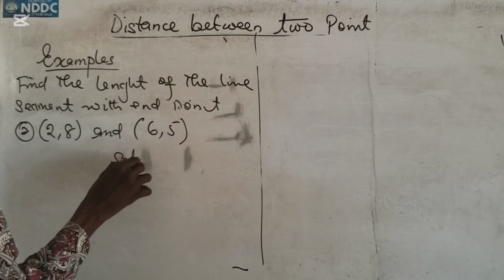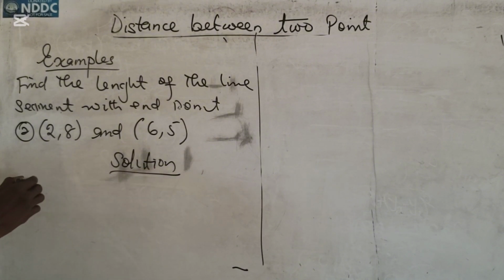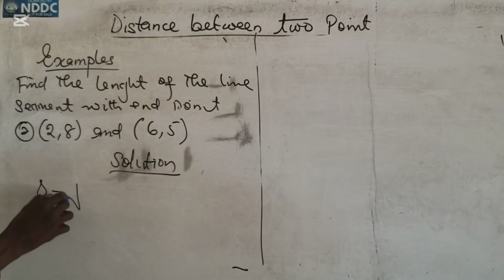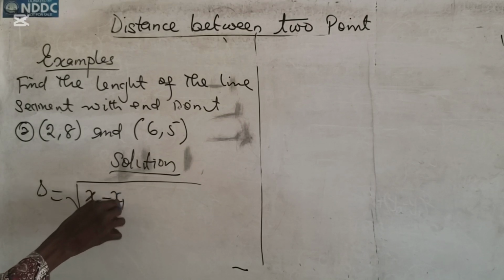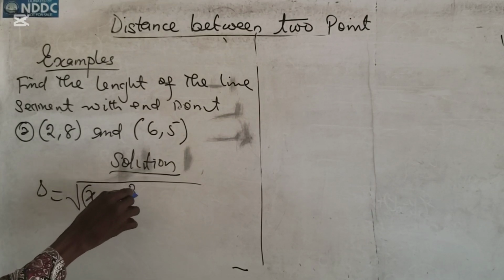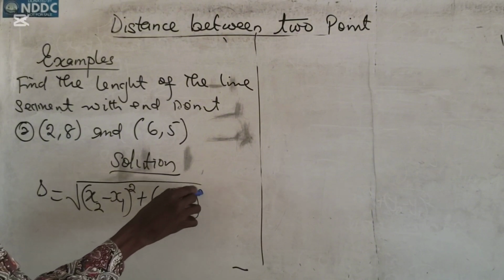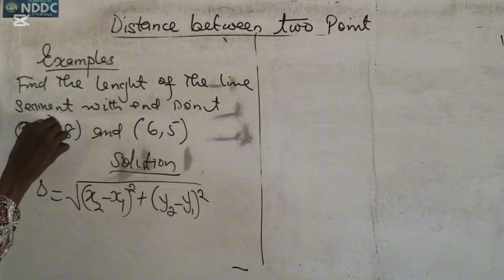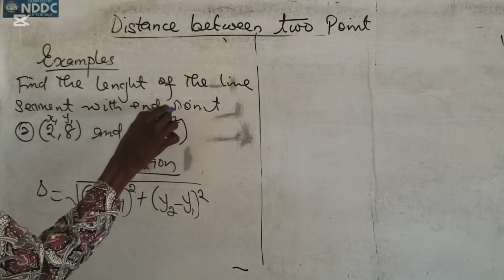Solution. The same way we solved number 1, using the formula D is the square root of (x2 minus x1) all squared plus (y2 minus y1) all squared. So yes, x1, y1, x2, y2.